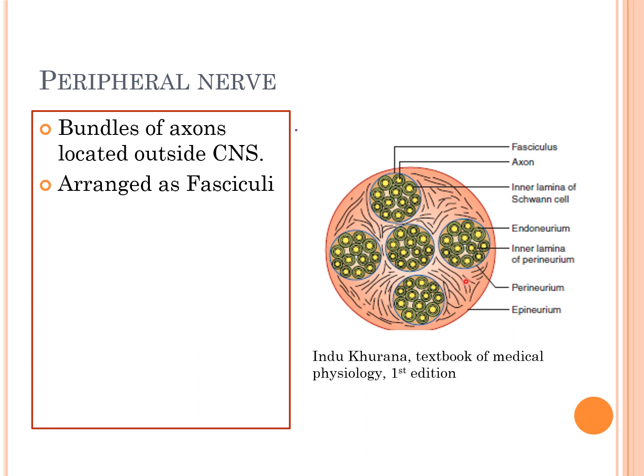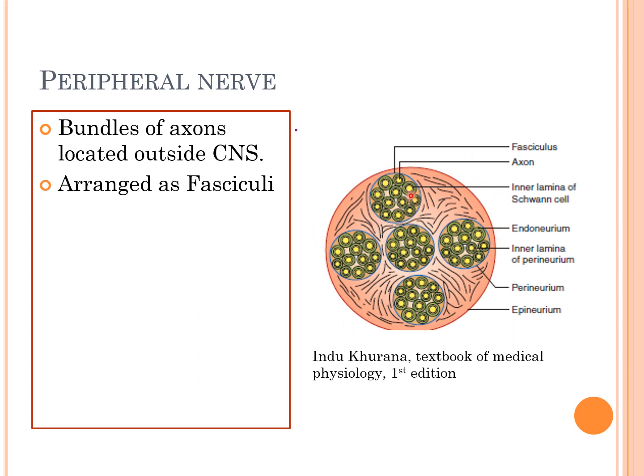So here you can see a structure which is showing the nerve, the nerve fiber and fasciculi. Here you can see there is a single nerve fiber. Here you can see there are multiple nerve fibers, and the collection of nerve fibers forms fasciculi, and there are many fasciculi which form the nerve.